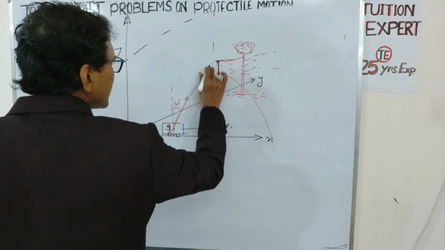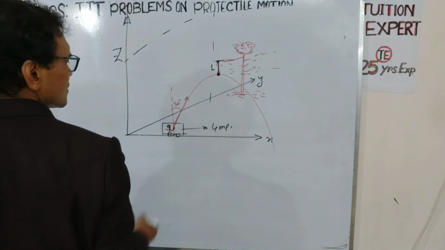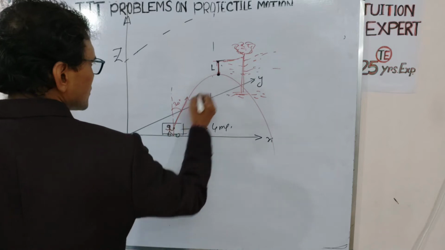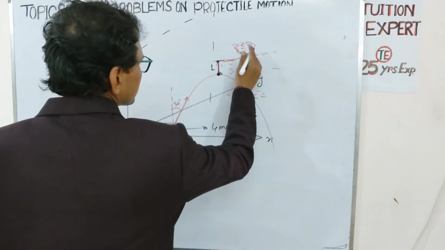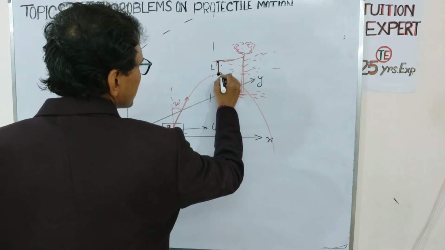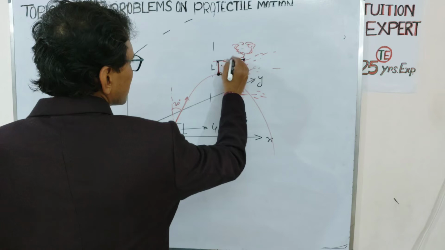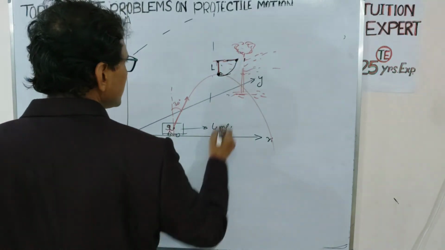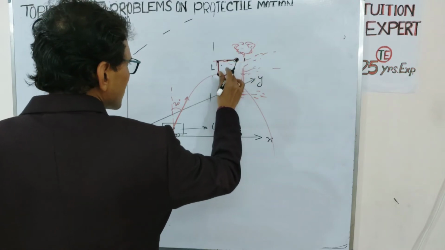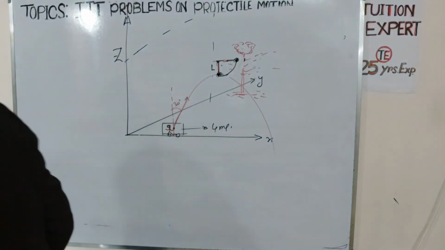The length of the string is L. Now this stone and this body combine after collision and make a complete circle. When this becomes horizontal after collision, then find the length of the string.